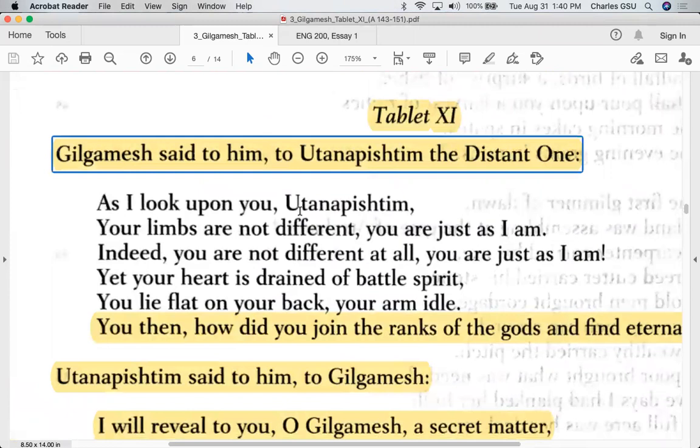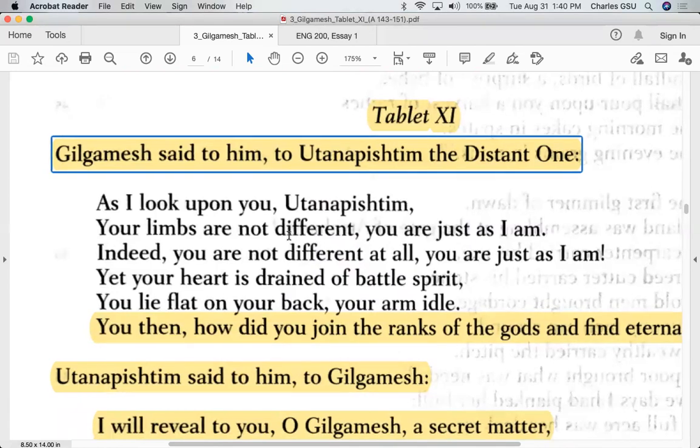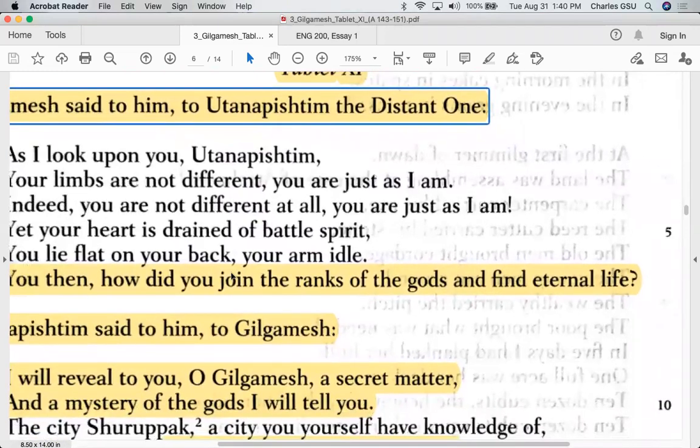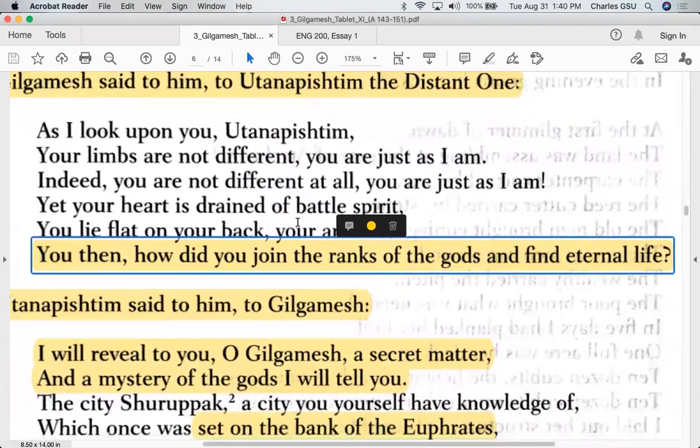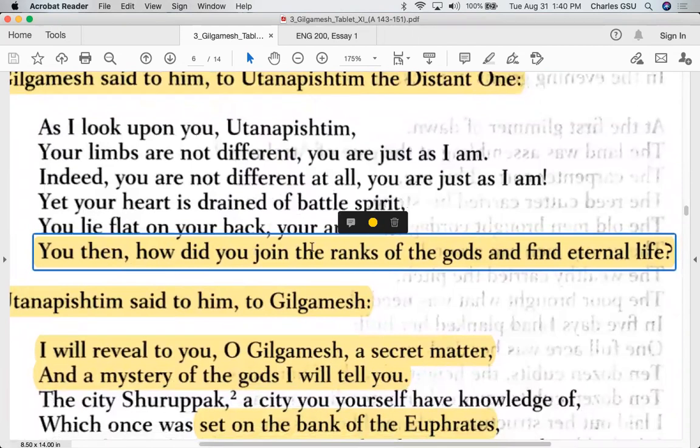And Gilgamesh is wanting to know from his friend, Uttanapishtim, who's now considered a distant one, or one we might think of as being in the heavens, metaphorically being distant. He wants to know, like, how did you get there? How did you get eternal life? He asks him, how did you join the ranks of the gods and find eternal life?